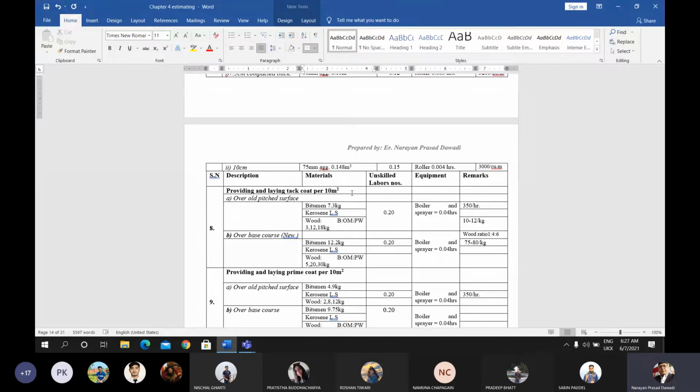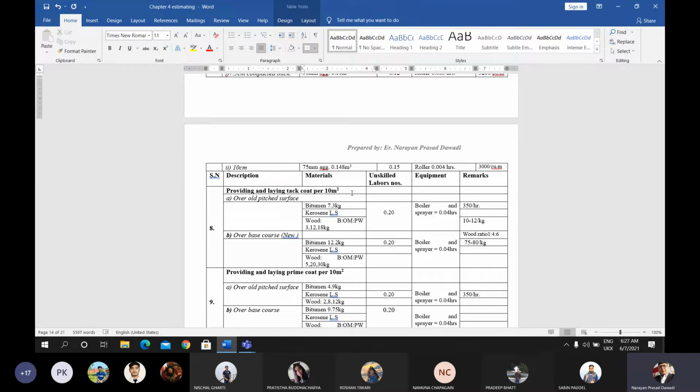The tack coat is provided with the bitumen. The bitumen is available in the form of a solid, and that is boiled and melted to liquid, and that liquid is spread over the base course.